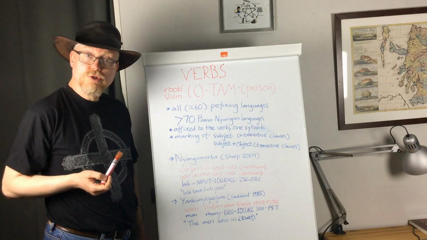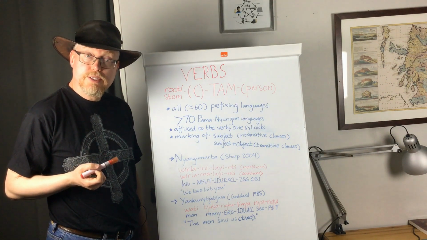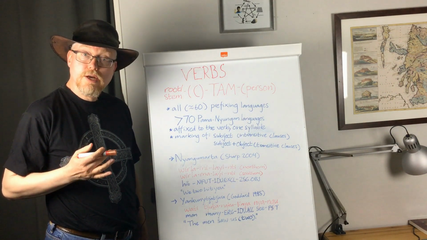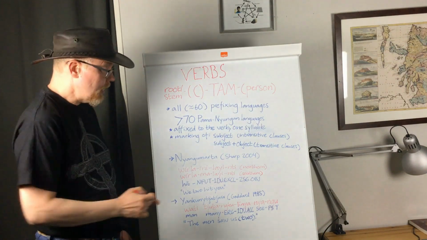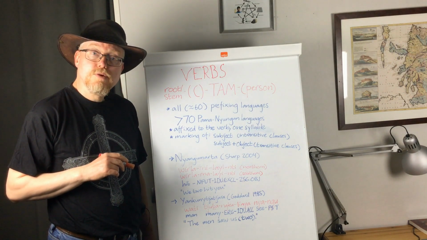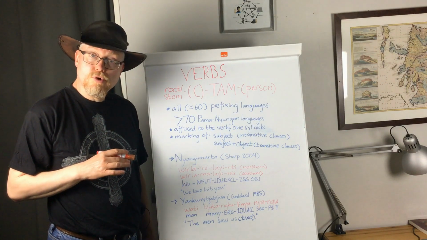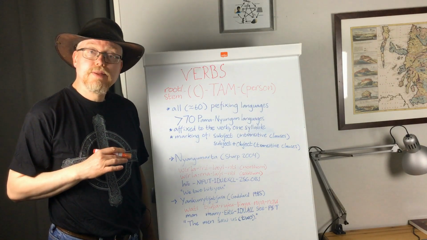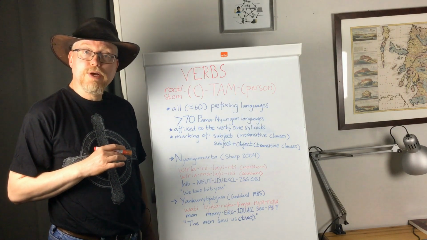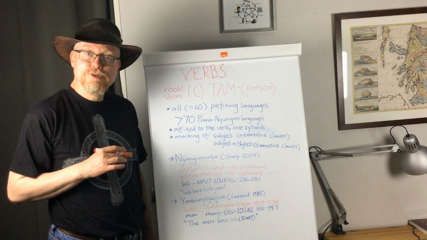And there are also languages that mark other constituents of the clause on the verb, other than the subject and the direct object. We may find a dative participant or a benefactive one. And I think I will have reason to come back to this in future videos.